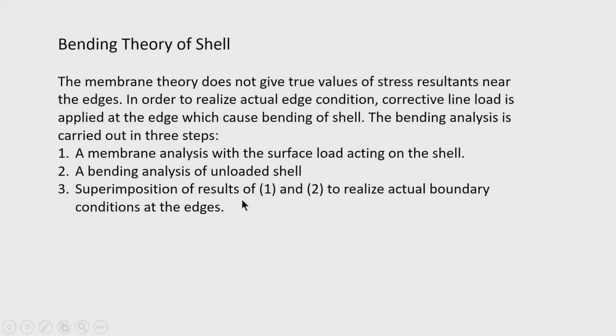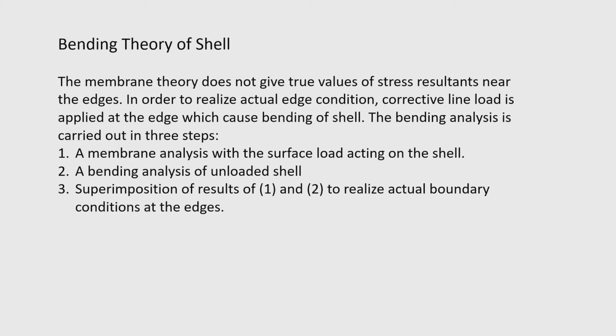Now, in the bending theory of shell, earlier also in some problem I have demonstrated that the membrane theory fails to predict the actual nature of stress near the edges, because the boundary condition of edges was not satisfied.